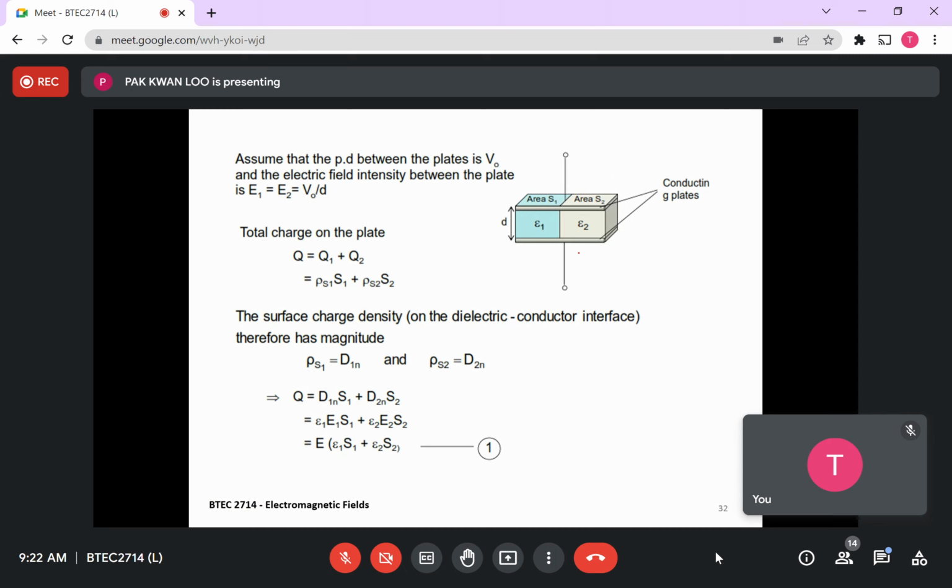Okay, so for different dielectric materials that occupy these areas, the plates are again assumed to be infinite.